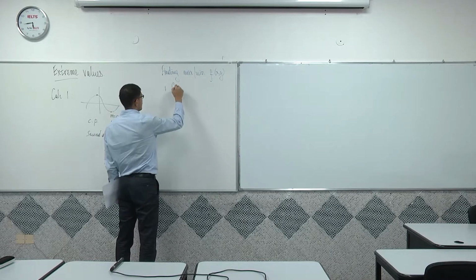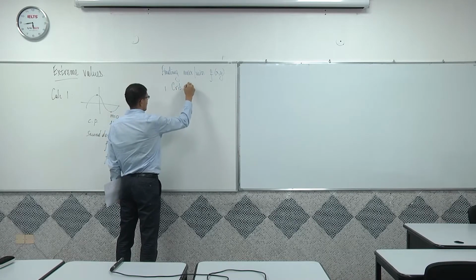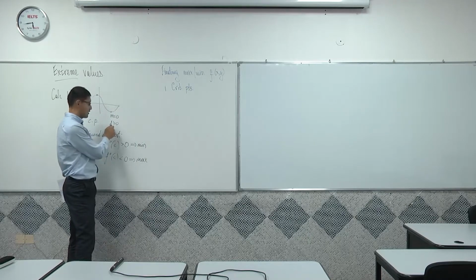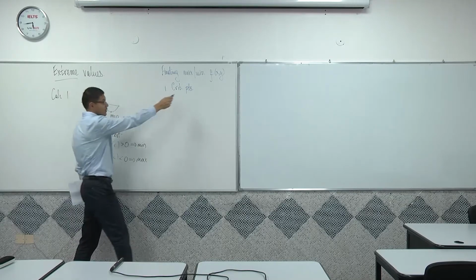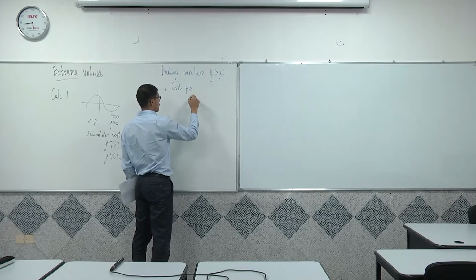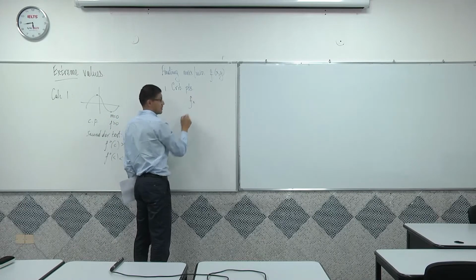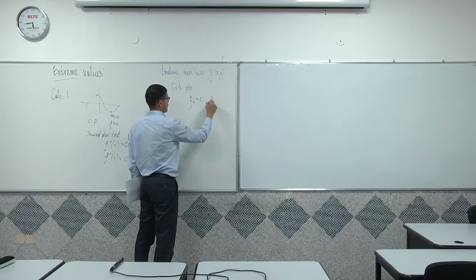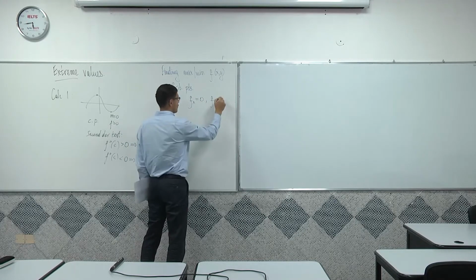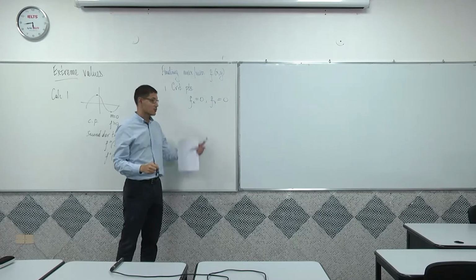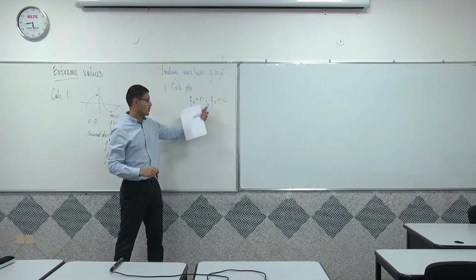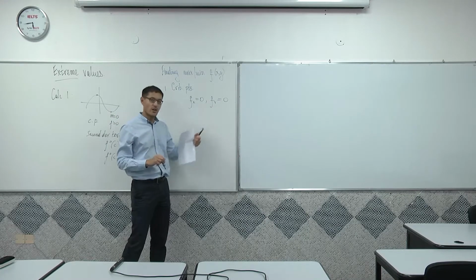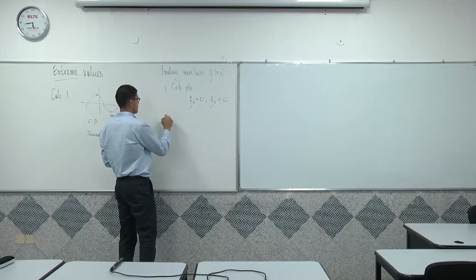First step, you need to find the critical points. So instead of setting f prime equal to 0, for this we have to set the partial derivative with respect to x equal to 0 and the partial derivative with respect to y also equal to 0. And you're going to get an equation from here, you're going to get another equation from here, and you solve these as a system of equations simultaneously.